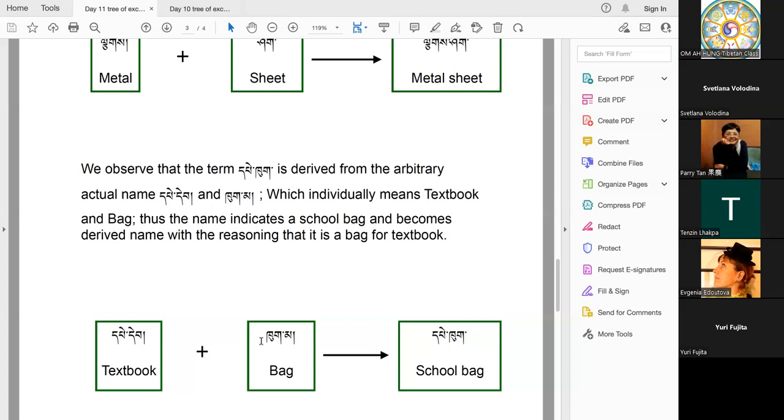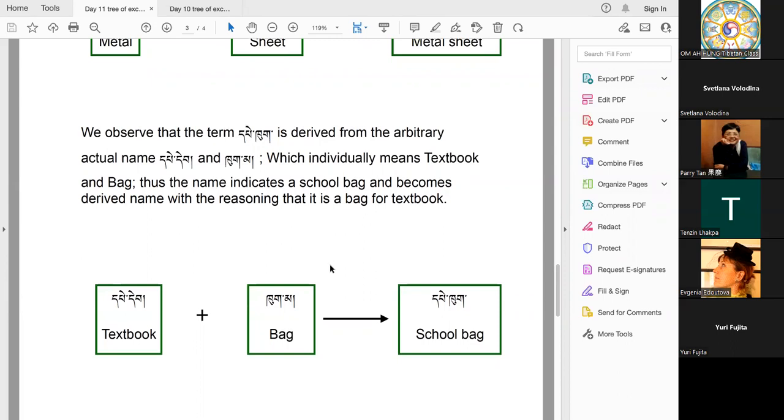In a way, petep itself is a derived name because pe is example, tep is book. But still, let's not go into that. So petep and kukma both are arbitrary names, and the combination of these makes the word pekuk, which is the school bag. And it actually represents the school bag.